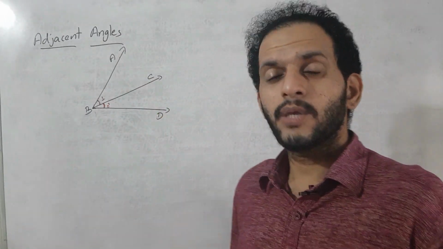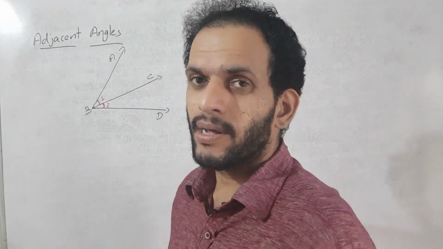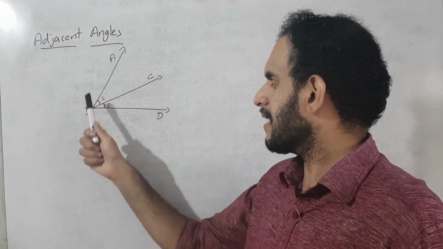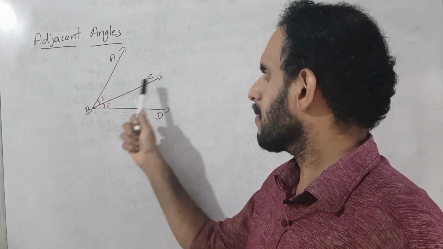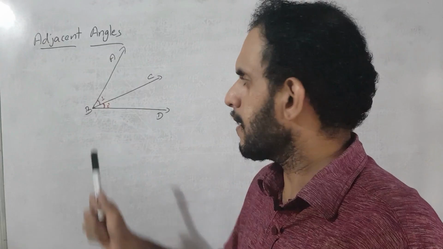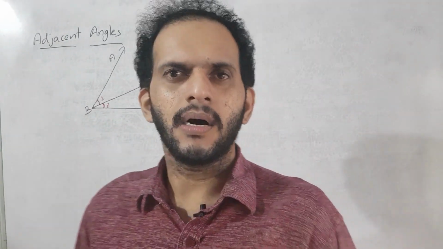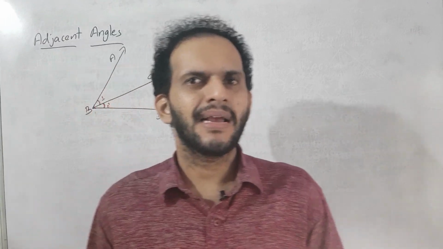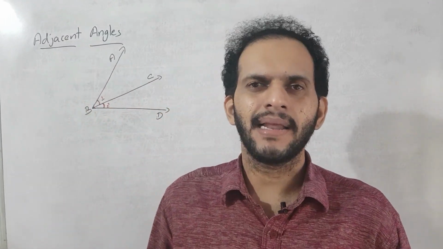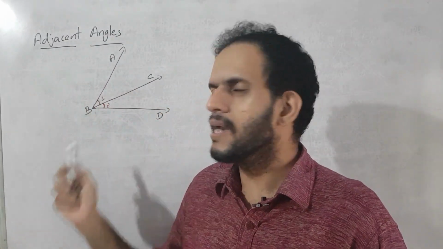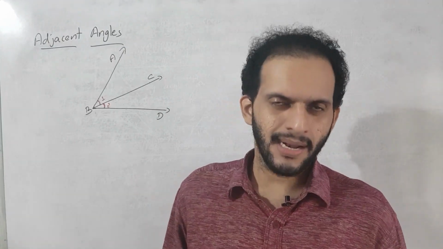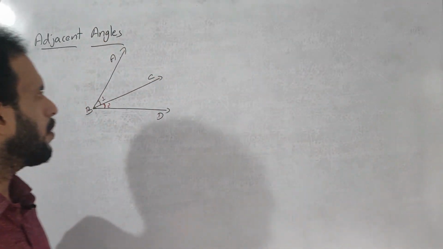So in this figure we have two angles. What are they? The first one is angle ABC and angle CBD, simply angle 1 and angle 2. Here we say angle ABC and angle CBD are adjacent. What do we call them?